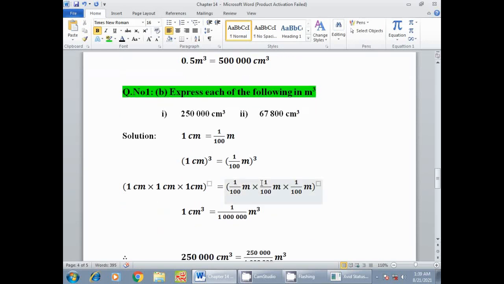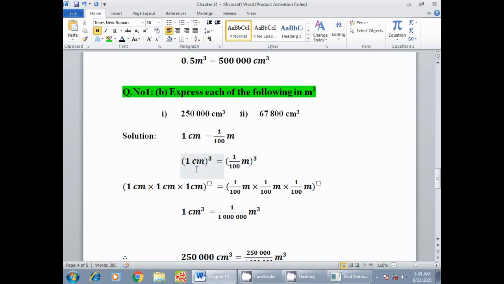To express cubic centimeters in cubic meters, we know that 1 centimeter equals 1 divided by 100 meters. Or we can say that 1 centimeter is the 100th part of 1 meter. Now taking cube of both sides, it means 1 centimeter whole cube equals 1 divided by 100 meter whole cube.